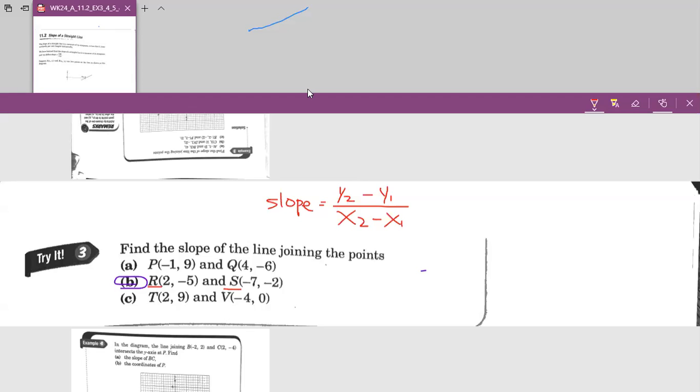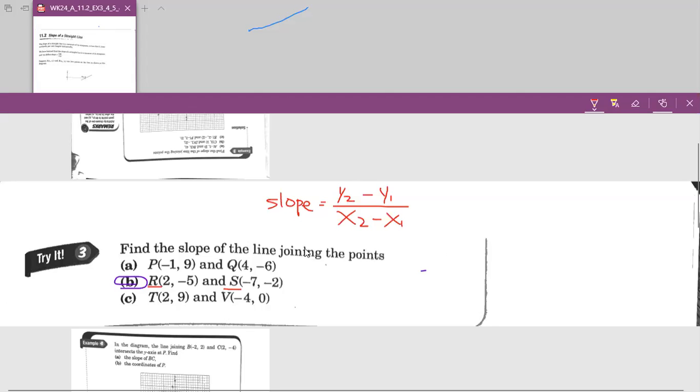Okay, let me try it again. See if you can see my screen clearly. Type 2 if you can see it clearly. Okay. All right, good.